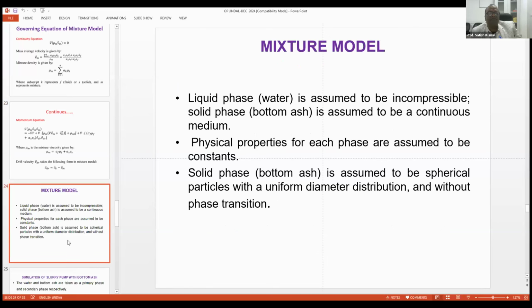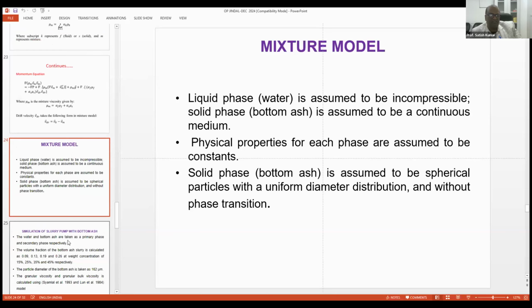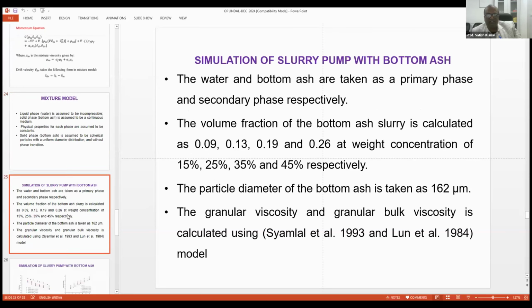The properties are calculated with the variation of different concentrations, taken as 15, 25, 35, and 45%. At all the concentrations we have to measure the viscosity as well as the exact density of the solid liquid suspension.